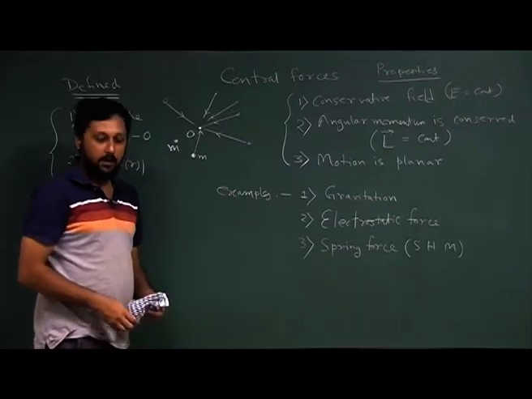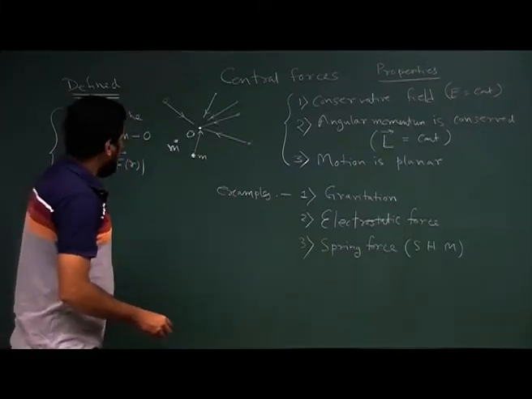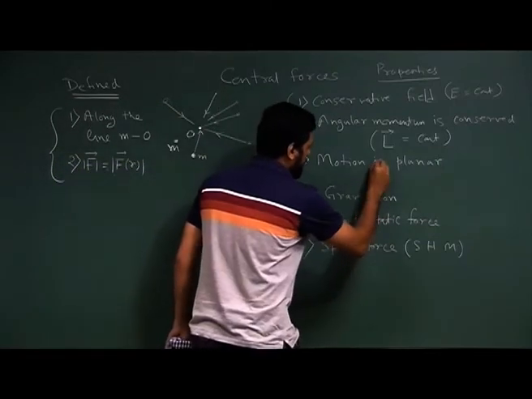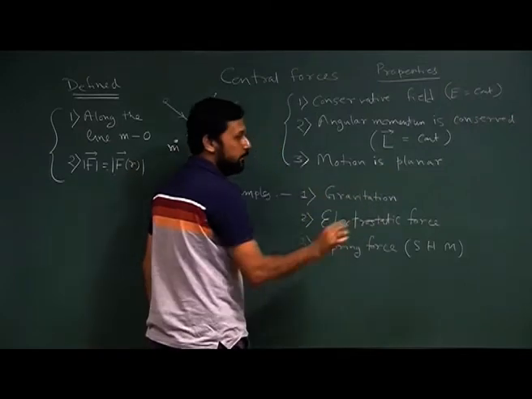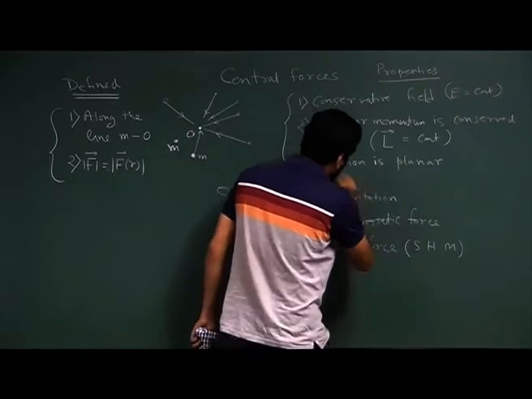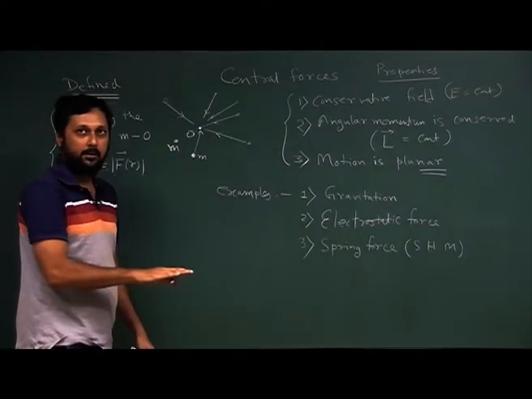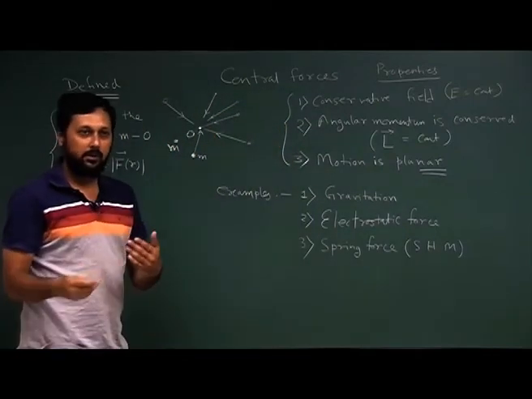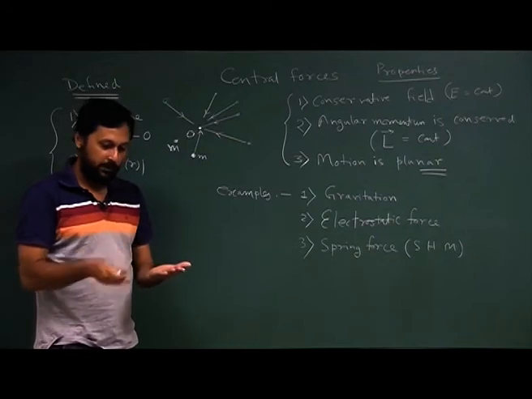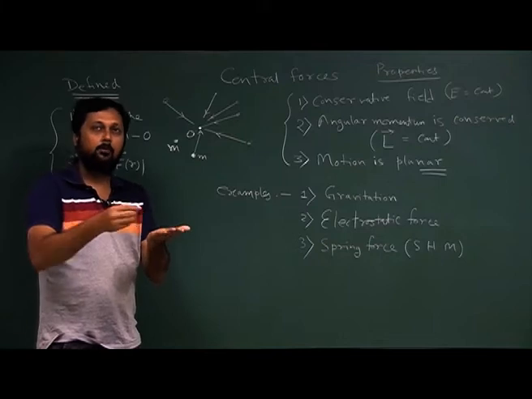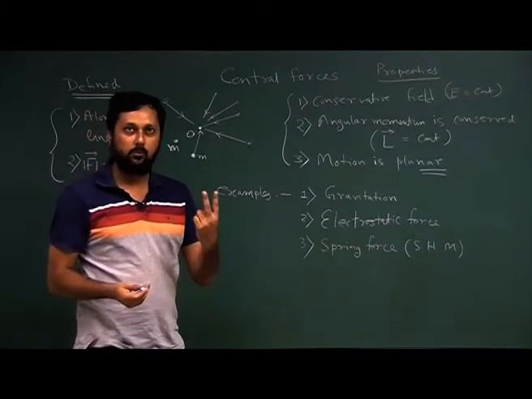These properties we will prove systematically one by one in the near future, and then we have given some examples. We do not know a priori at this point, but you have to trust me that we know in advance that motion is planar. If a point mass is moving on a particular plane, how many coordinates do we need to describe it? We need 2 coordinates.